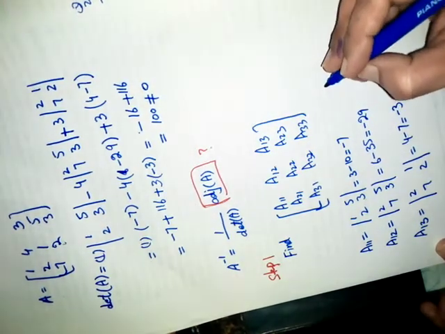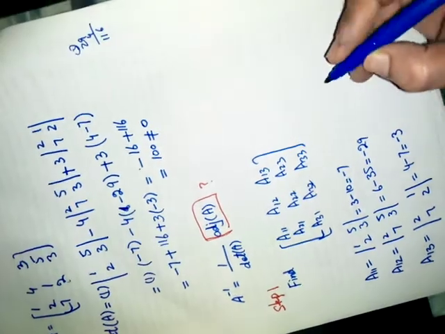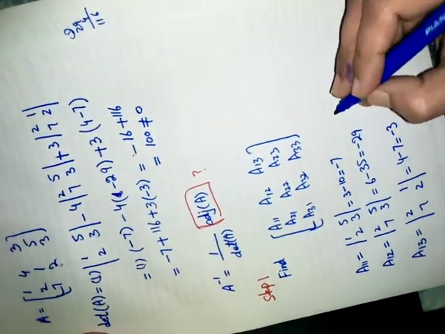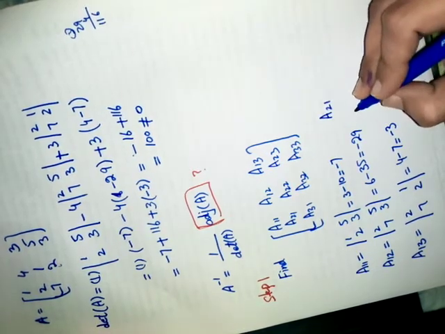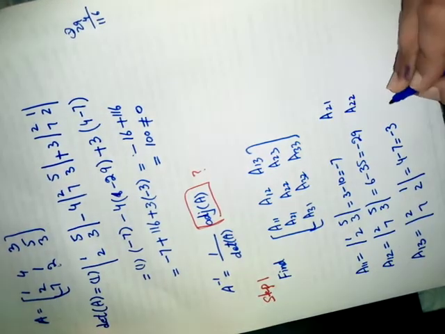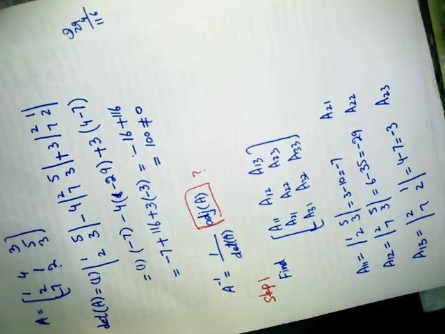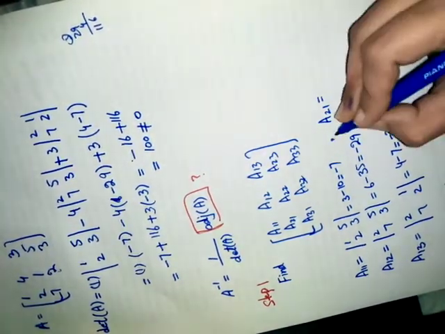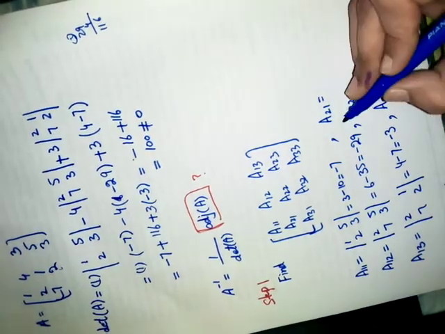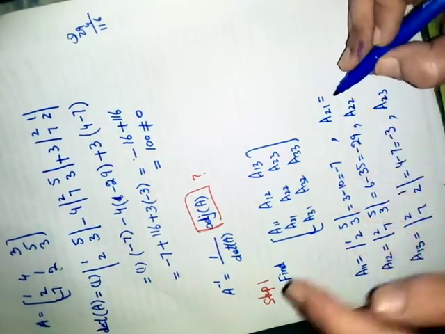Similarly, evaluate A21, A22, A23. Leave the second row and first column.